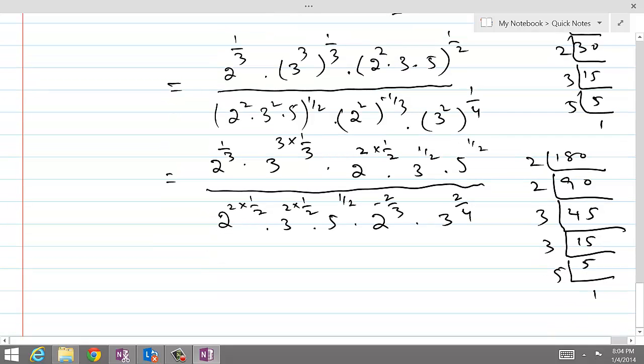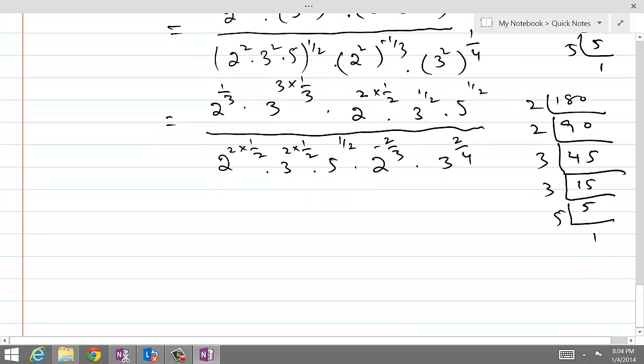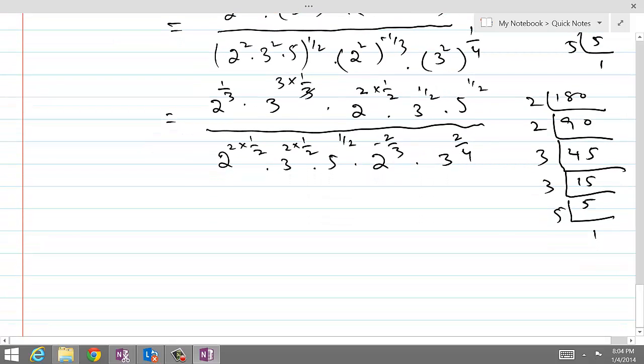Once the exponents have been simplified, we can see that this 3 can cancel with this 3, this 2 will cancel with this 2, and this 2 will cancel with this 2, and see if anything else we can simplify.